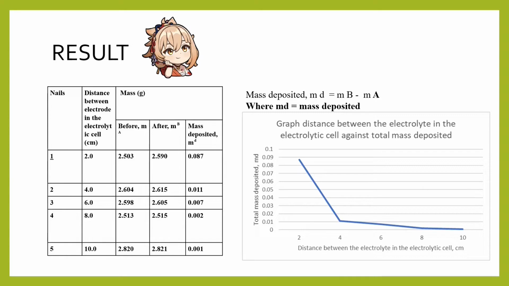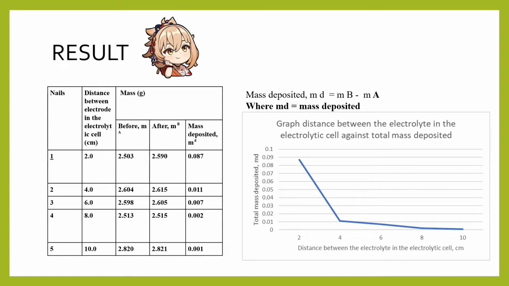So, moving on with the graph. This is the graph of distance between the electrodes in the electrolytic cell against total mass deposited. As you can see from the graph, from 2 to 4 centimeters, the mass deposited decreased significantly, but from 4 to 10 it still decreases, though there are no drastic changes as from 2 to 4 centimeters.